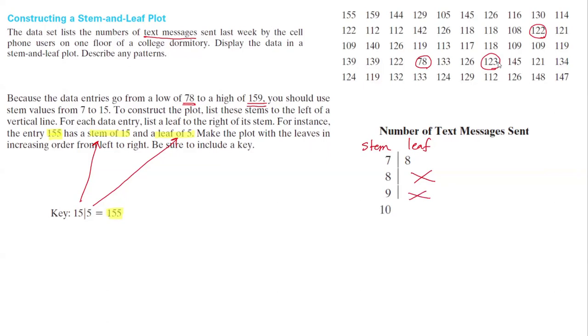The next number is 105. So 10 on the left-hand side and 5 on the right-hand side. We also have 108. So 10 on the left-hand side, 8 on the right-hand side. We can take a look at this data. Remember, we use 78 and 105.